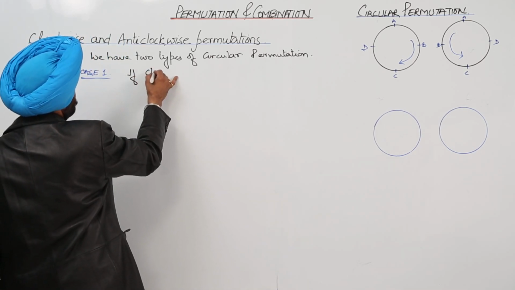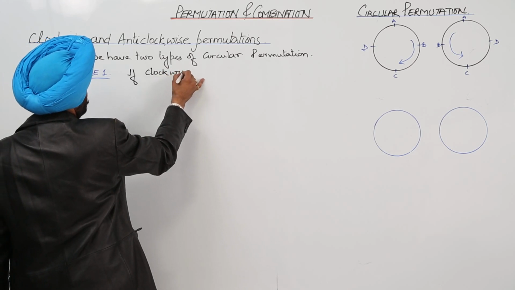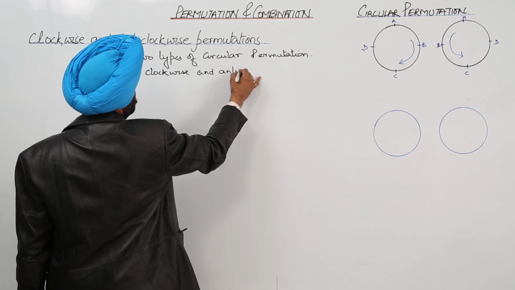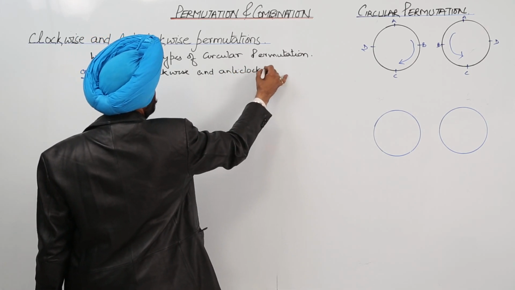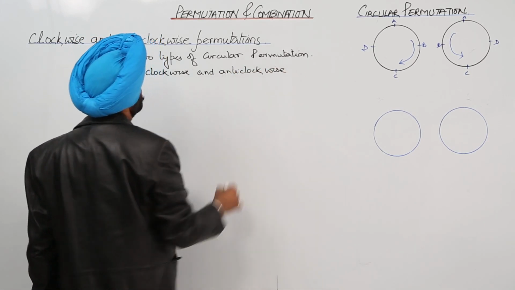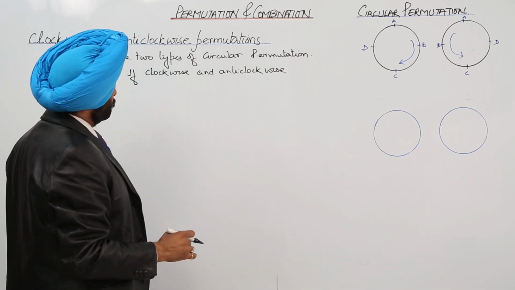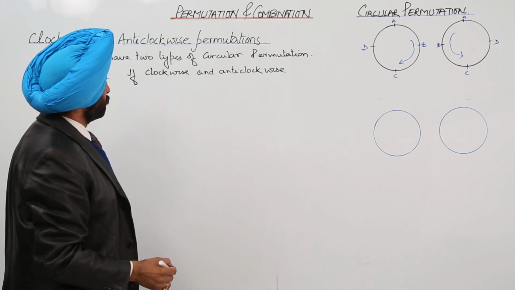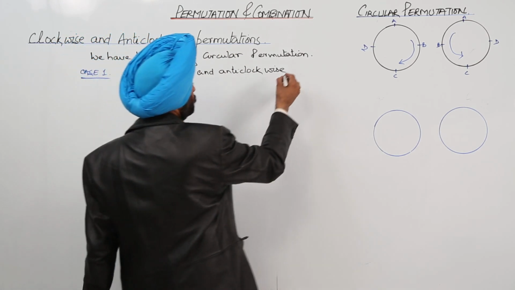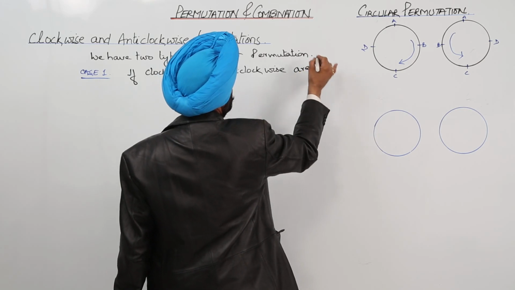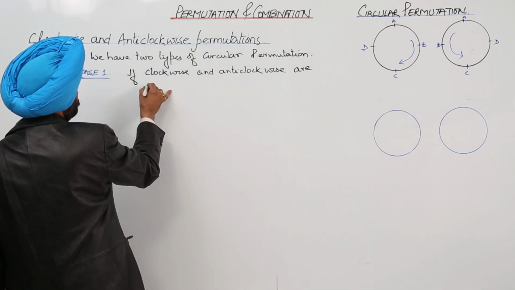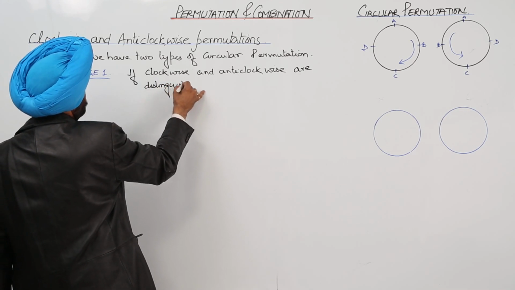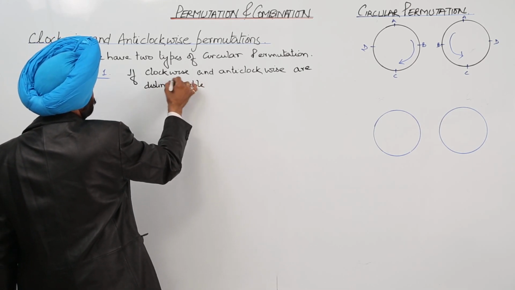if clockwise and anti-clockwise is also termed as a circular clockwise. Okay. So if clockwise and anti-clockwise are distinguishable.